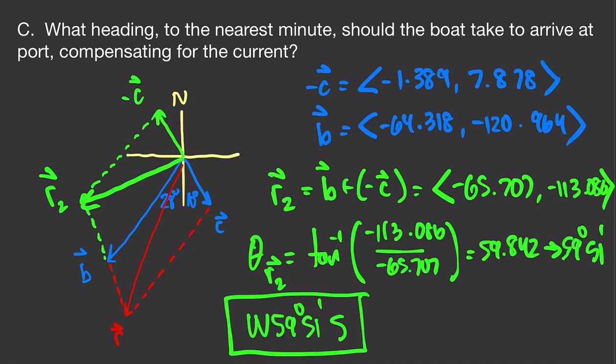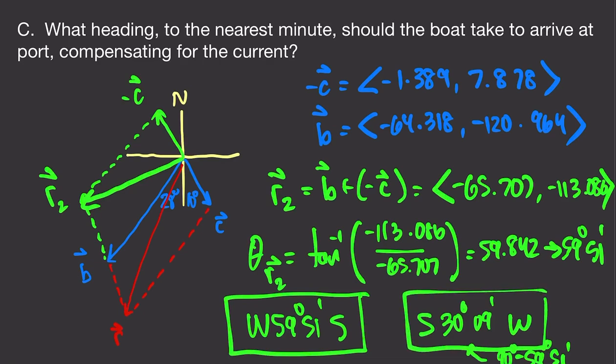For those of you Navy purists, you'll want the angle off the south, so you're going to want this angle right here. The other way you could do this, not necessary, but you could, is call it south something west, and that angle that goes in here is going to be 90 minus 59 degrees, 51 minutes. That ends up being 30 degrees, 9 minutes. So both of these are acceptable. Again, I would probably recommend just sticking with that.